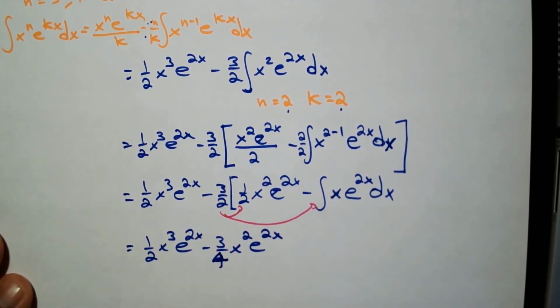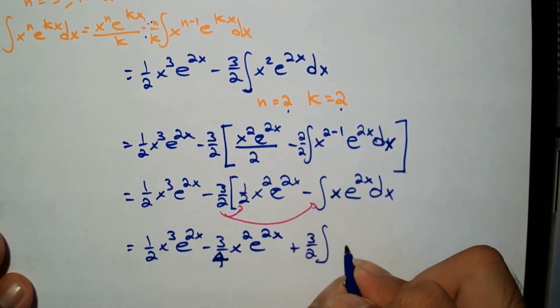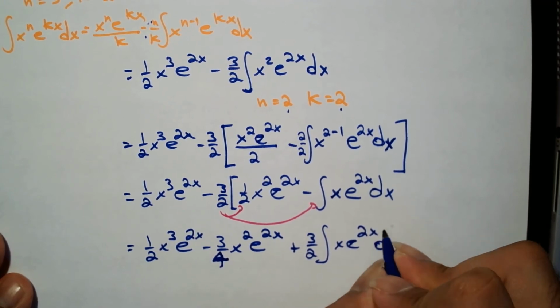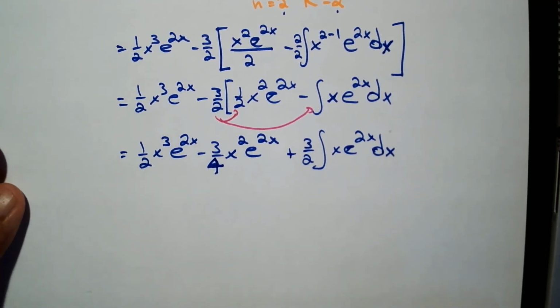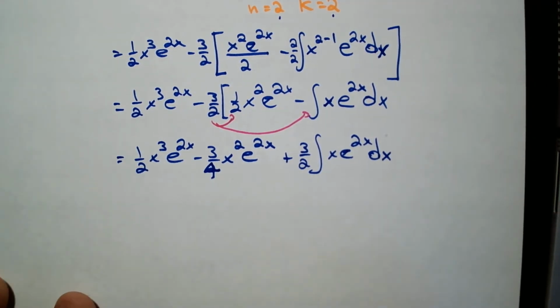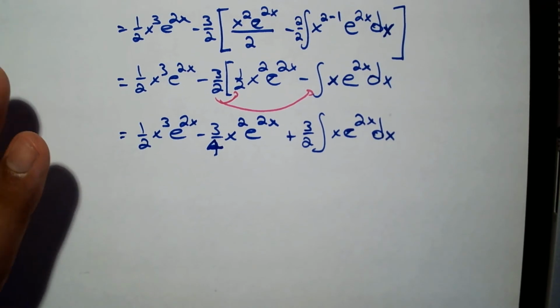Negative times negative is positive, 3/2, the integral of x e to the 2x dx. Alright, now if we focus on this integral, that requires us again to use this formula a third time.